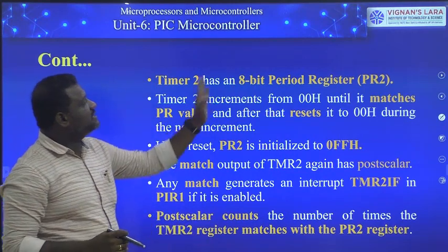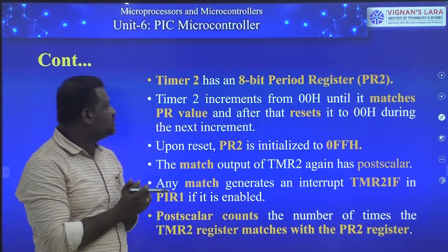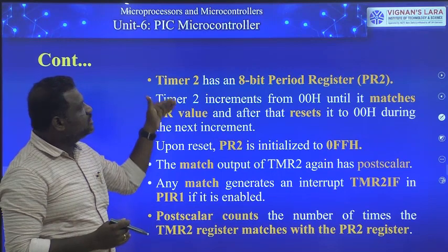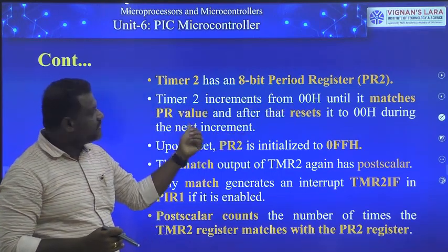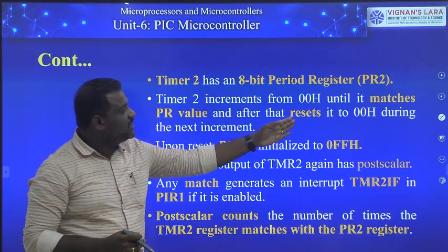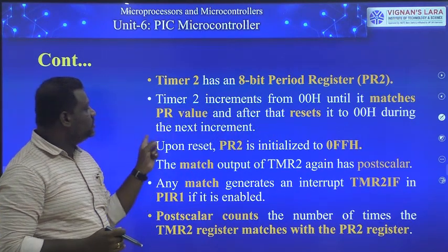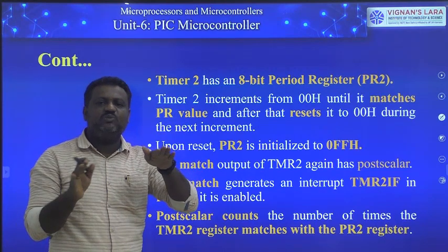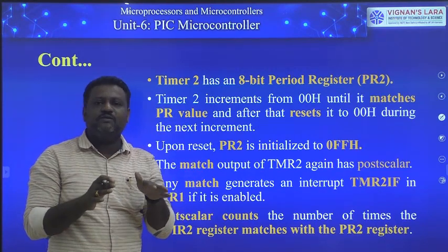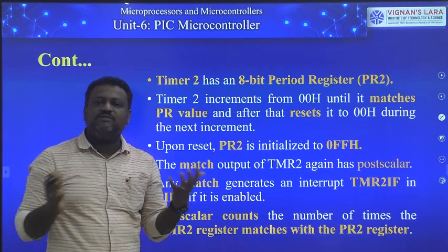So timer 2 has an 8-bit period register. Timer 2 increments from 00H until it matches the PR2 value, and after that it resets to 00H during the next increment. Whenever the period register value matches our timer 2 value, the timer value automatically resets.